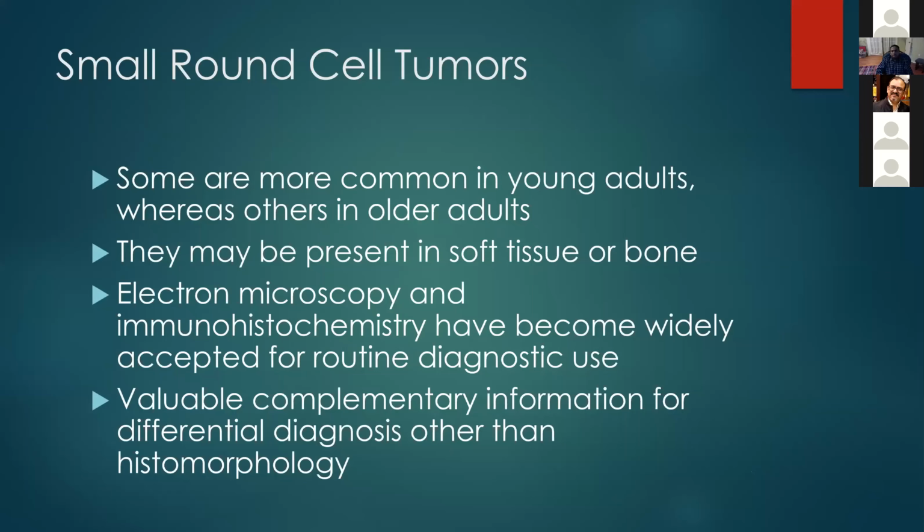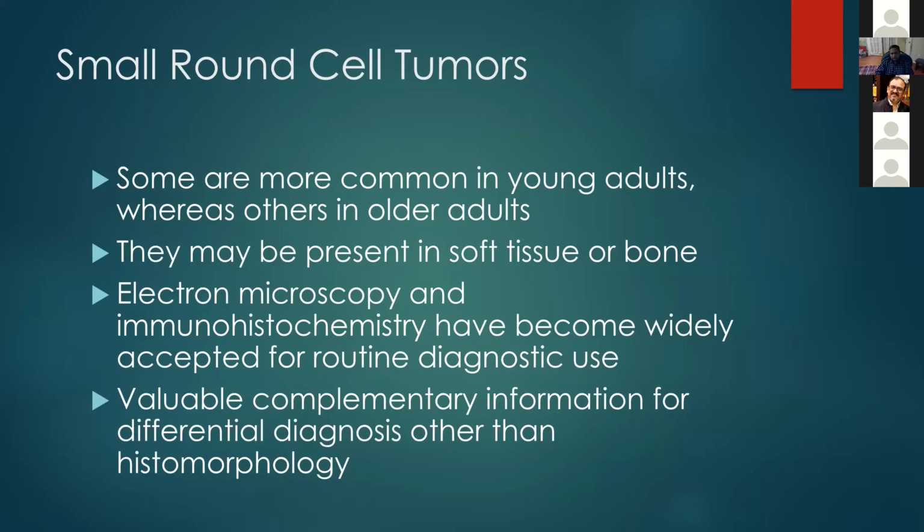So how do we distinguish these? They can be present both in soft tissue or in bone. How do we know what is what? One of the most important things you can do is use immunohistochemistry, and, of course, electron microscopy. Electron microscopy is much harder because you need special tissue preparation, fixation in glutaraldehyde, and not routine formaldehyde. So it's harder to do.